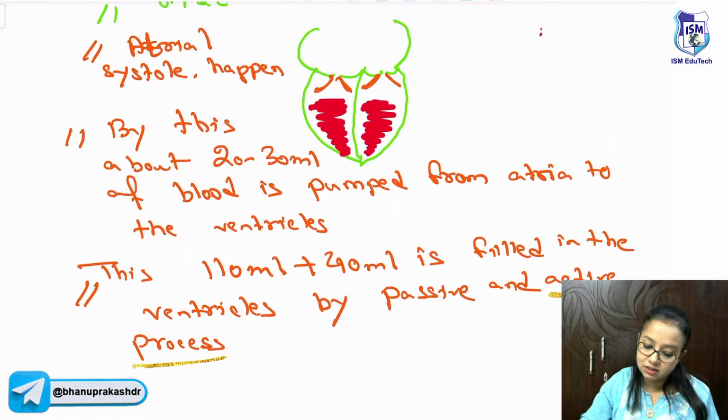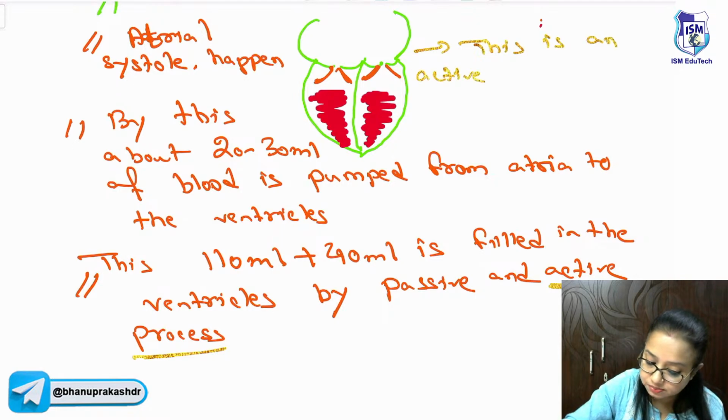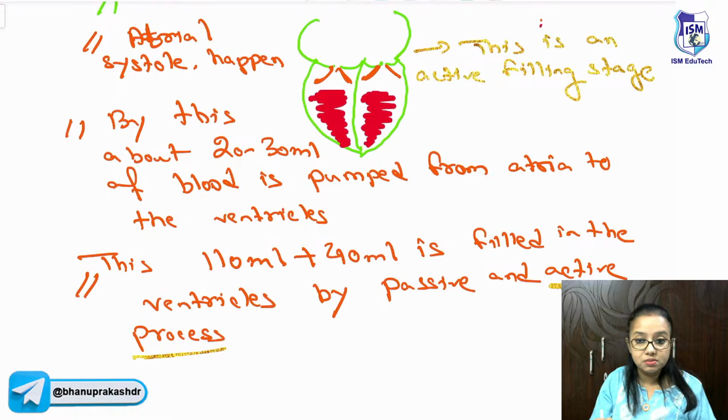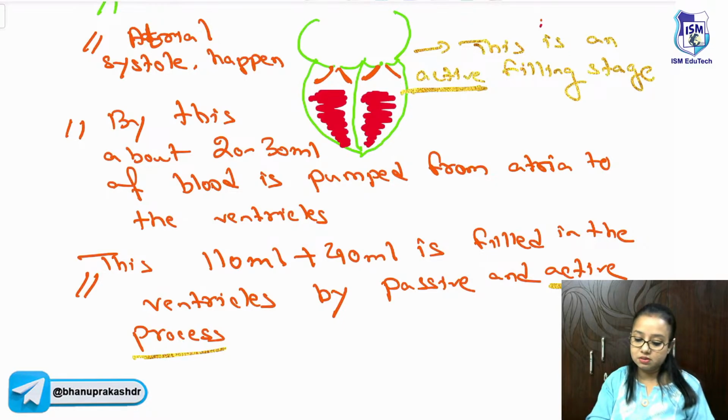It is called the active process. So this systole happens. Now this is an active filling stage because there is contraction of the atrium. Without contraction, this 25 to 40 ml won't come to the ventricle. That's why it is an active filling process.